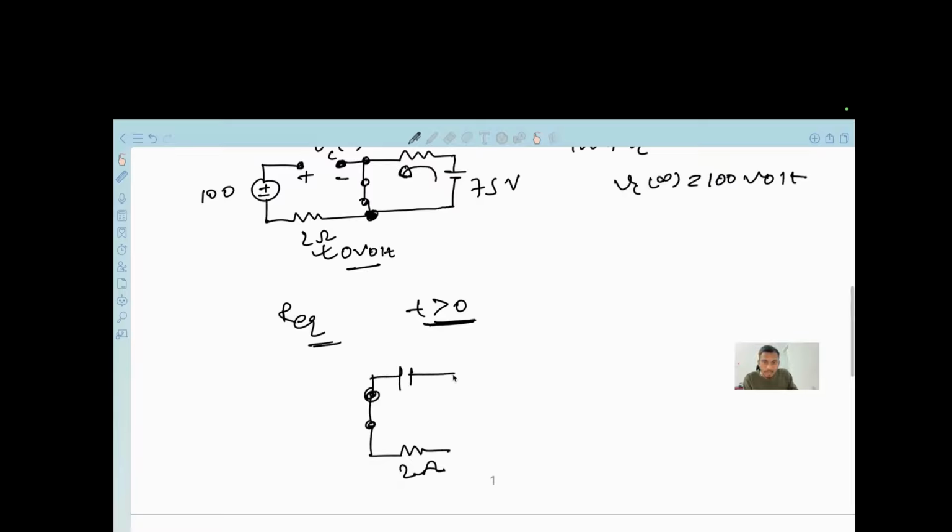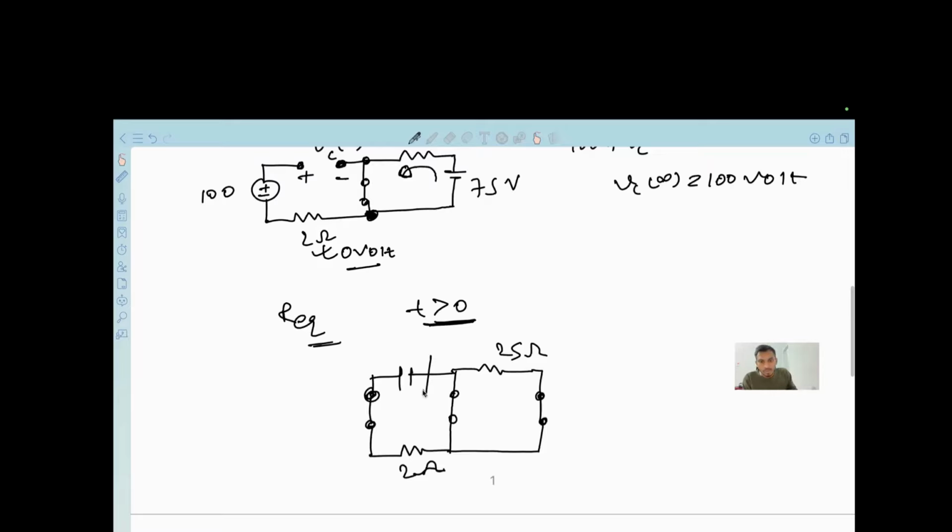Let us suppose this capacitor is here, and now the switch is in closed condition. This is 25 ohm. We'll make this source short.